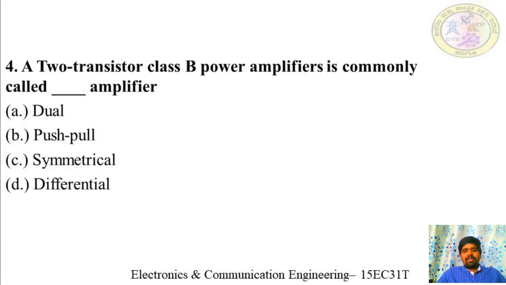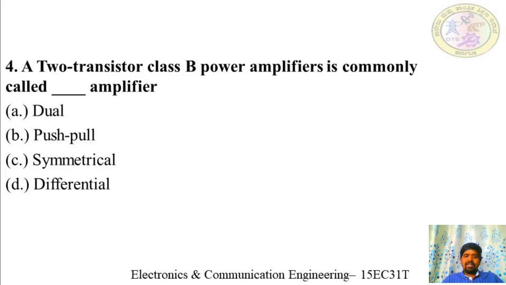Next one: a two transistor class B power amplifier is commonly called dash amplifier. I think it's a direct question, you can guess the answer. Yes, two transistor class B power amplifiers are called push-pull amplifiers.